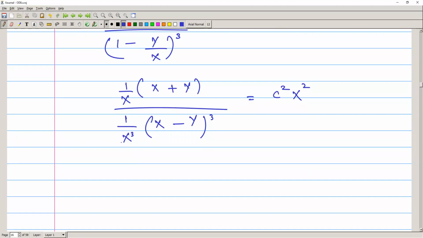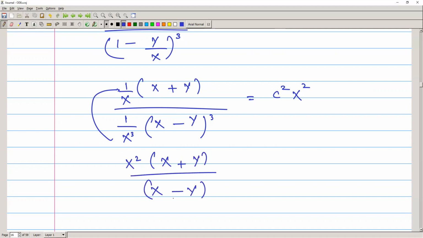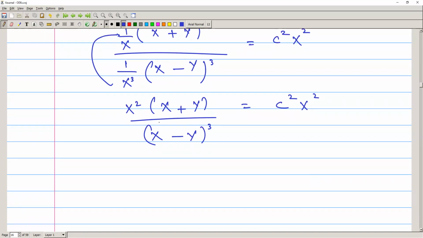So this will lift here and it will be x cubed divided by x, it will be x squared times (x plus y) over (x minus y) cubed is equal to c squared x squared. And we need to check here that we are doing each and every step correctly, so this x squared cancels. Now we are left with (x plus y) over (x minus y) cubed is equal to c squared.